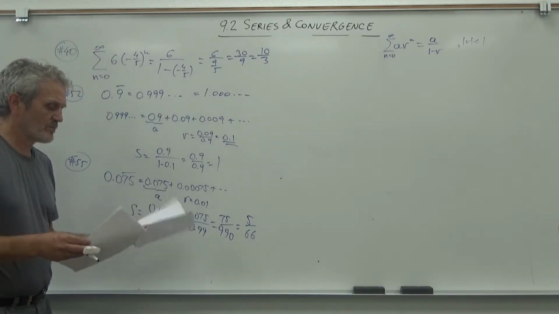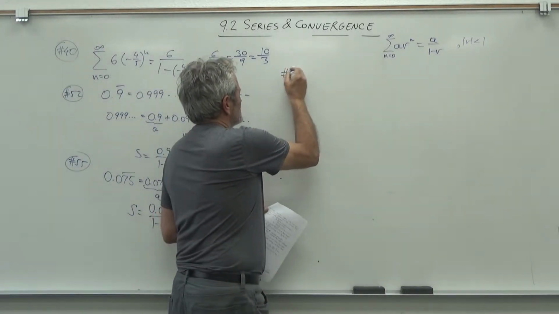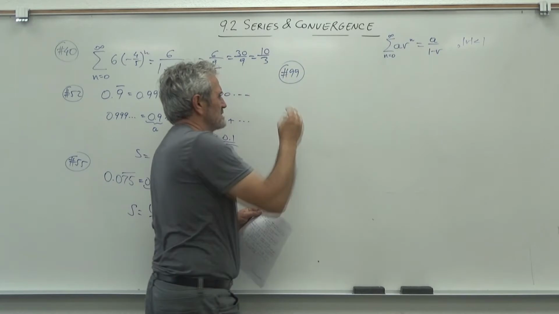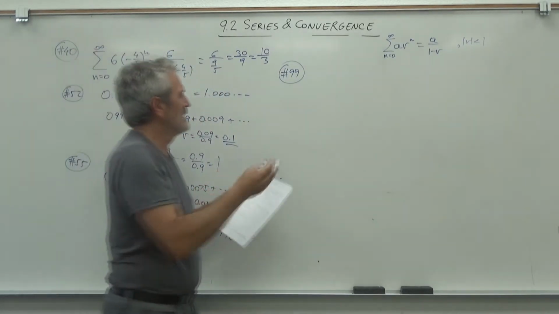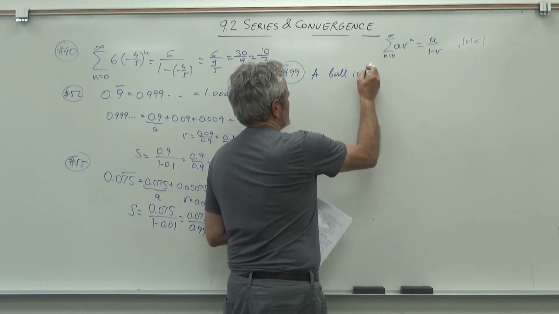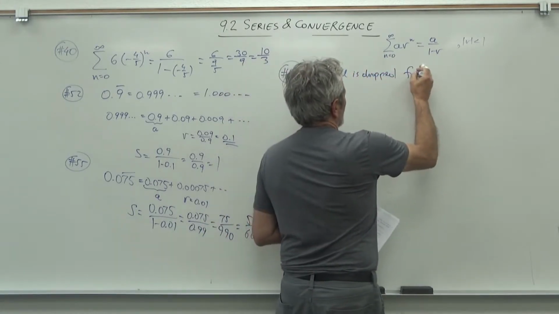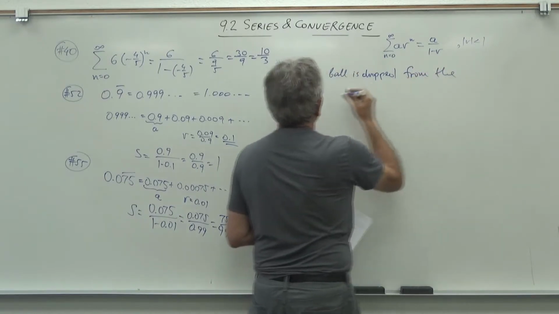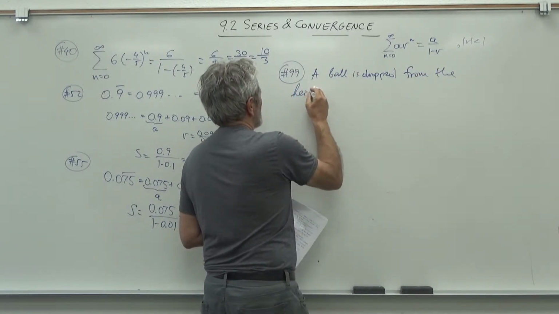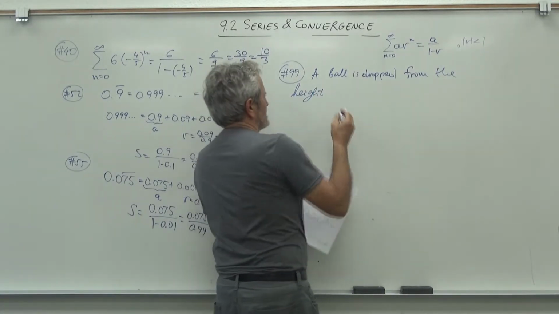I want to do one more problem that has this flavor, but this one is applied. So it's a word problem. It says the following: a ball is dropped from a height of 16 feet.